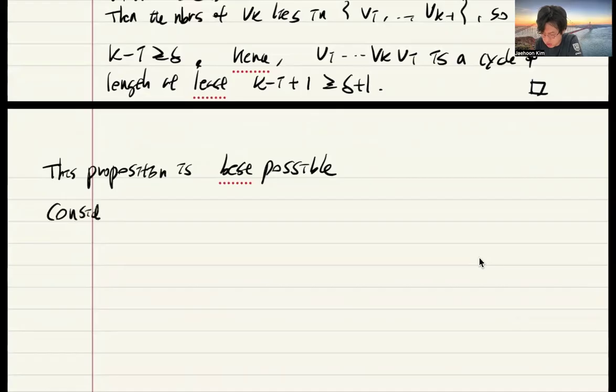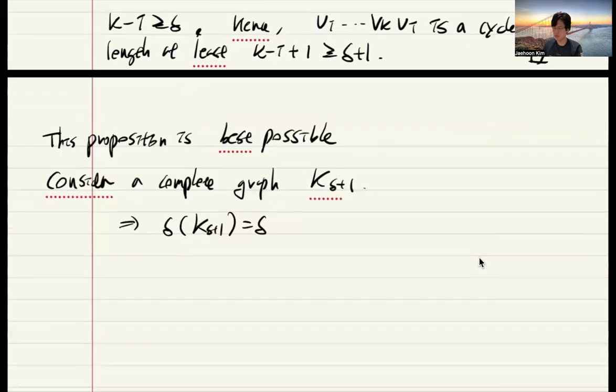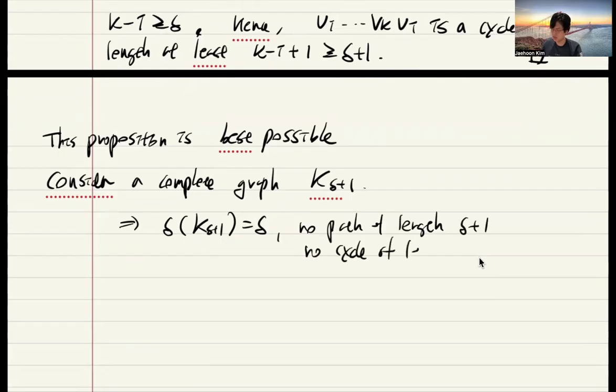We consider the complete graph K sub delta plus 1. Then the minimum degree is delta, but there is no path of length delta plus 1 and no cycle of length delta plus 2 or longer. So this proposition is best possible.